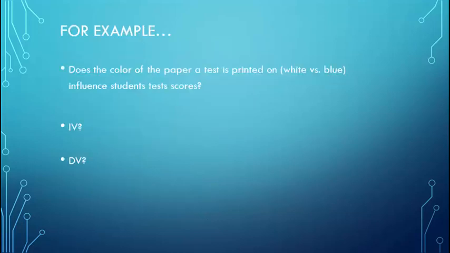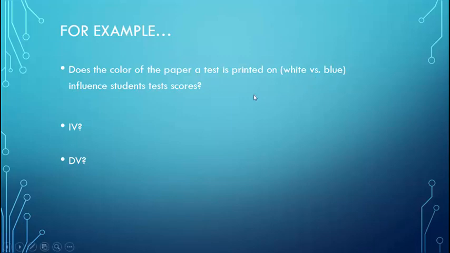For example, I'm going to go back to this slide. If we had two groups, a group of students who took this test on white paper, a group of students who took the test on blue paper, and it was the exact same test, right? And we want to see test scores. We would have a confounding variable if it just so happened that I gave all the white tests to female students, and I gave all the blue tests to male students.